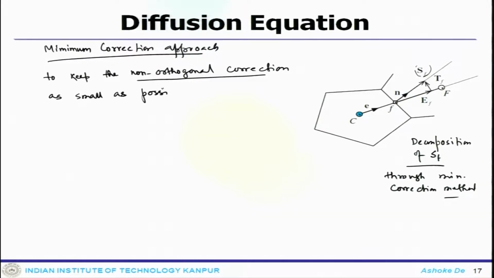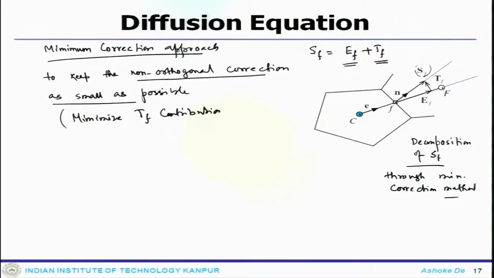So, that is why we call it a minimum correction approach. That means SF will have 2 components, one is EF, one is TF. This is like an orthogonal contribution, this is our non-orthogonal contribution. So, the idea is that you minimize the TF contribution as much as possible.